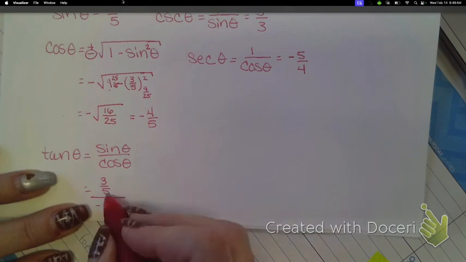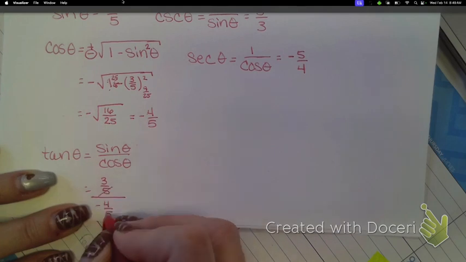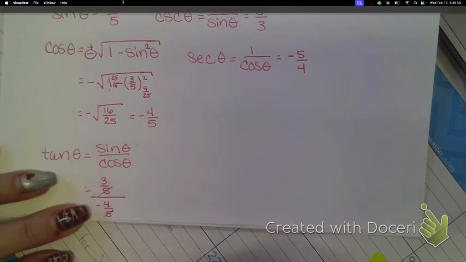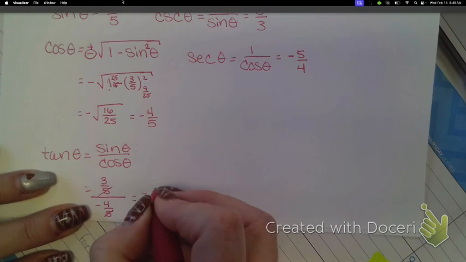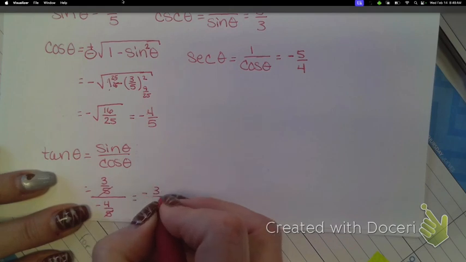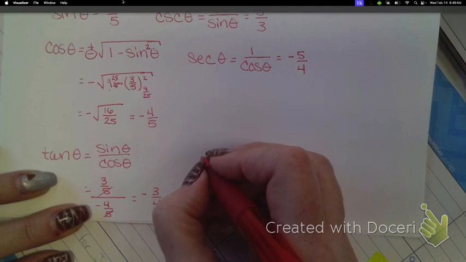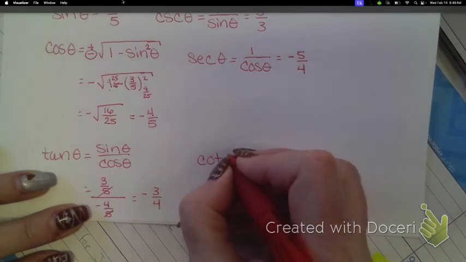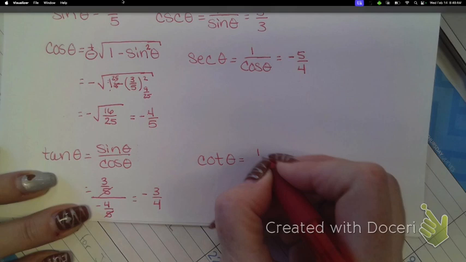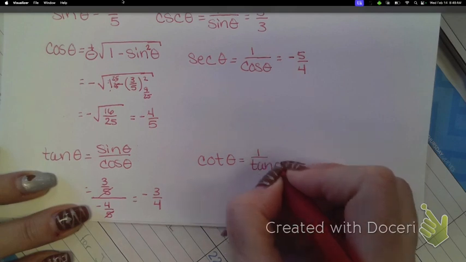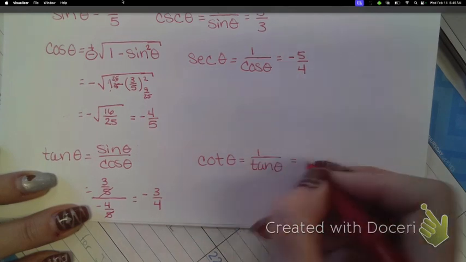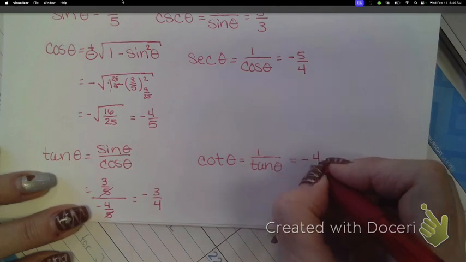If the denominators are the same, the denominators are going to always do what? Reduce out. And the answer is going to be negative 3/4. And then cotangent is the reciprocal. So cotangent of theta equals 1 over tangent of theta, so it is negative 4/3.